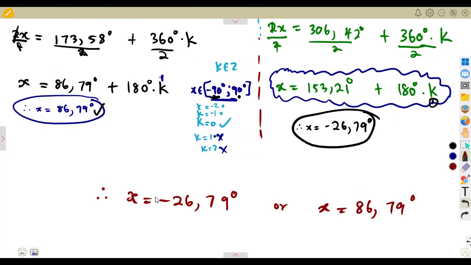Within the interval that we are given, within minus 90 degrees and 90 degrees, we are limited. It's a limit that you are given. So you have to answer this type of question carefully, because you are not answering up to the general solution.